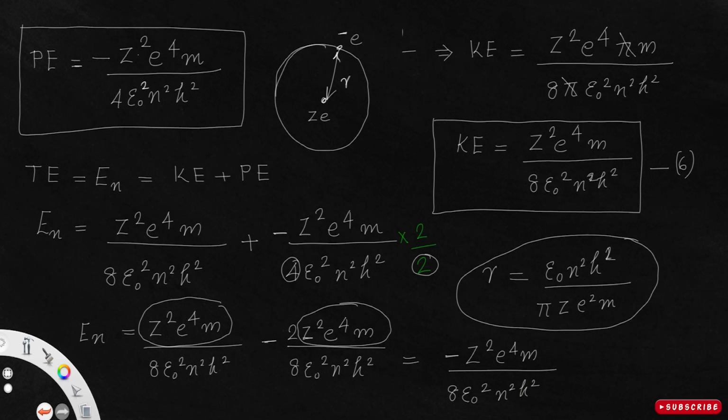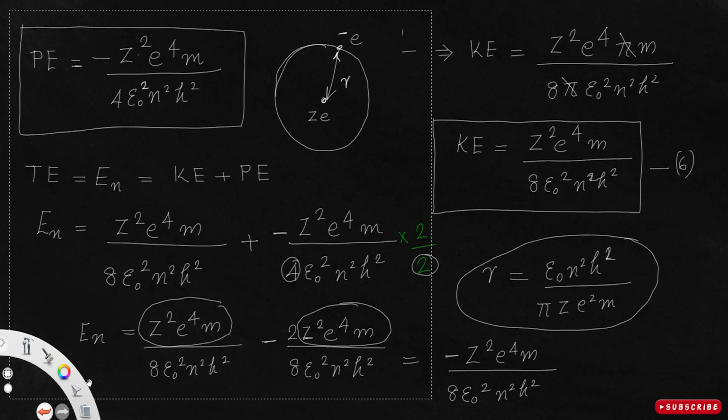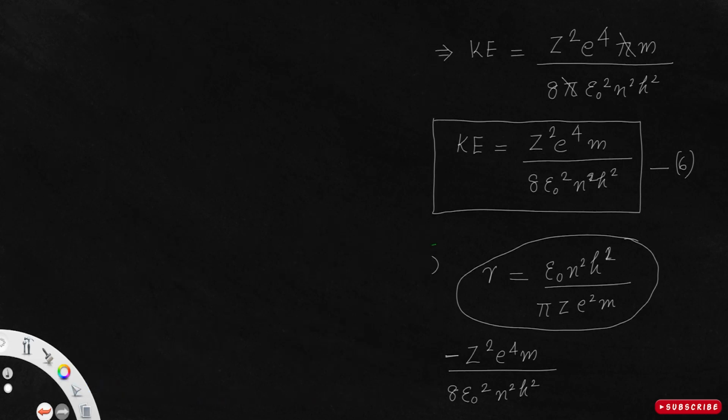Therefore, we have the final expression: En equal to minus Z square e raised to 4 m divided by 8 epsilon 0 square n square h square. Let me rearrange this expression.